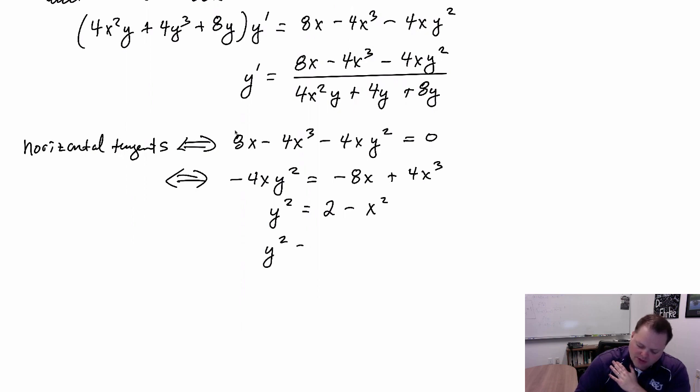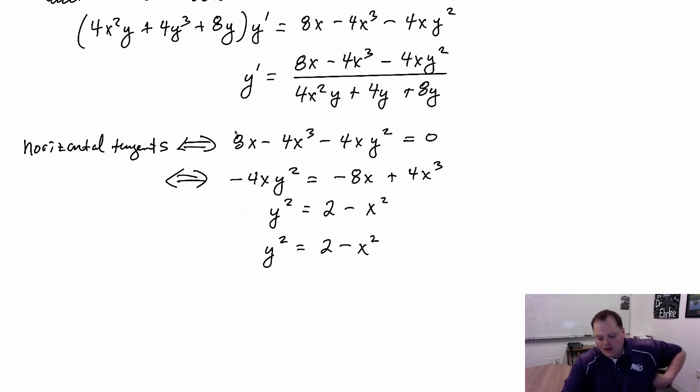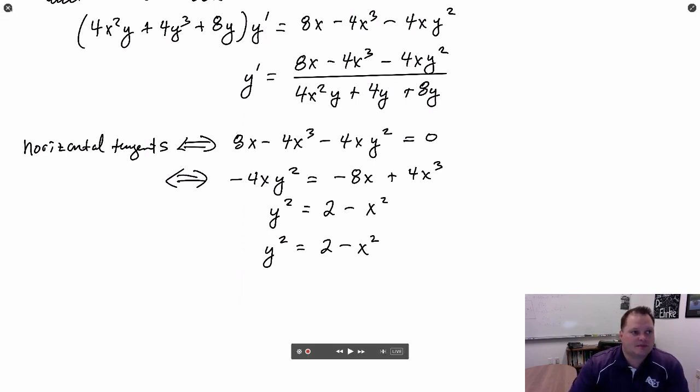So y squared is equal to 2 minus x squared. Okay, so I get horizontal tangents anywhere that y squared is equal to 2 minus x squared. All right, well, let's go back to Desmos really quick here.